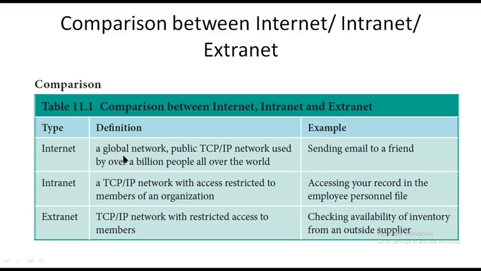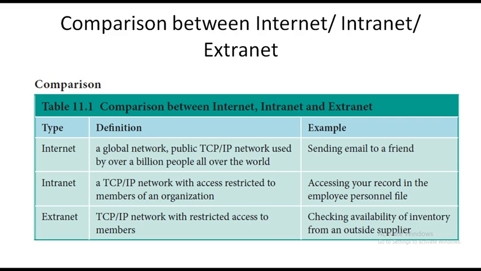Next one is intranet. It is also a TCP/IP network, but only a restricted number of members within an organization can communicate with each other, for example accessing your record in the employee personal file.